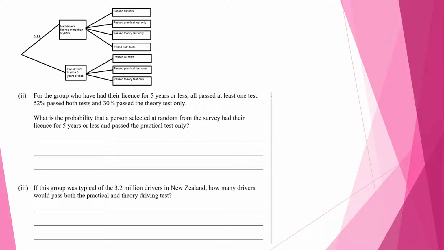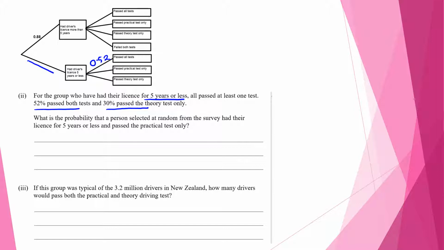The next part looks at the group that had their license for 5 years or less, and we're told that all passed at least one test. So looking at this branch, you'll see that there are only 3 branches off here because we don't have a failed-both-tests branch. We're told that 52% passed both tests, so that is 0.52 on that branch.